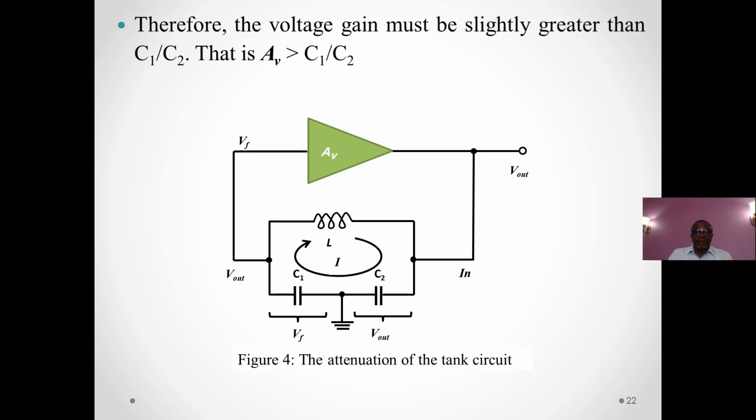If you look at that, we have said that the voltage developed across C1 is the feedback, the one that goes back to the amplifier. We call that VF, whereas the voltage that comes into that tank circuit is the output voltage, which is equal to the one developed across C2.